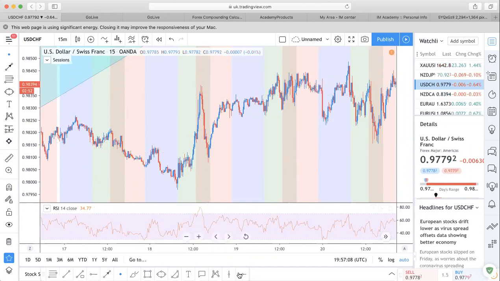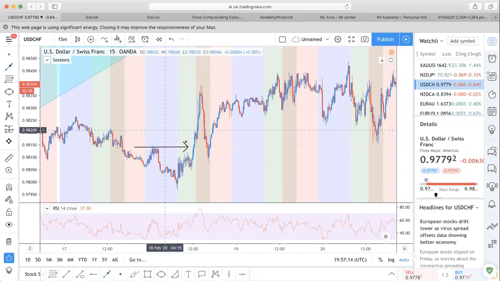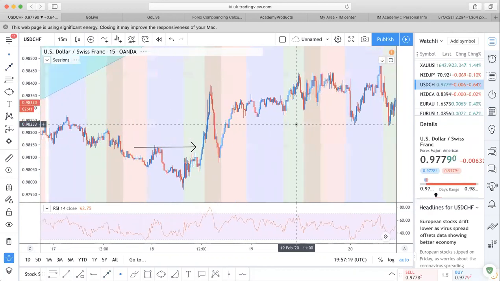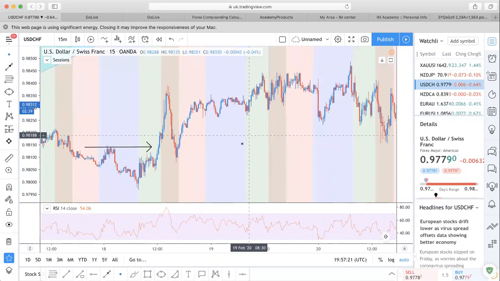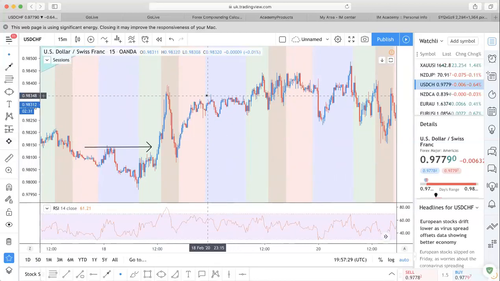Anybody who was selling up in this zone got taken out. Their stop loss got smashed out. That's the reason why I want you to take note of this session break. It gives you the understanding of how price is moving, what price is actually doing. And the same way, look at this purple zone.